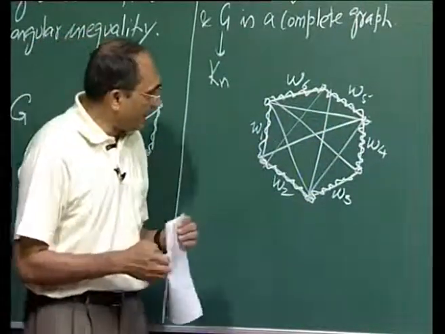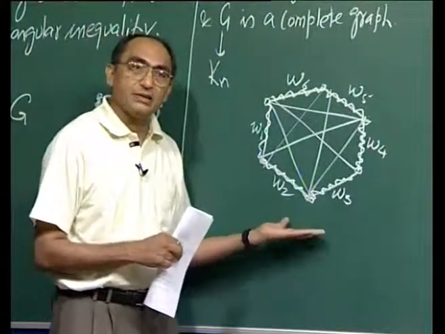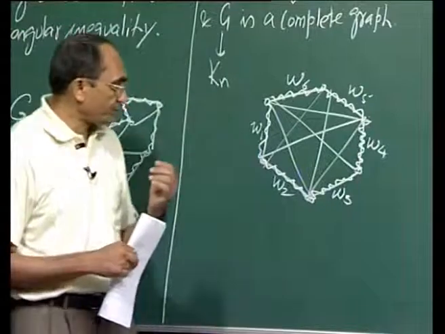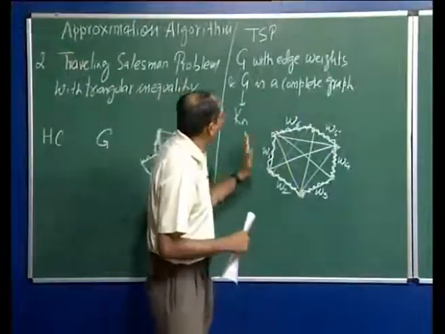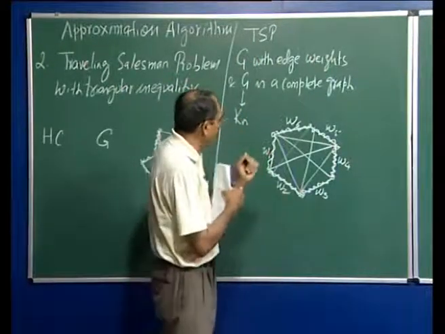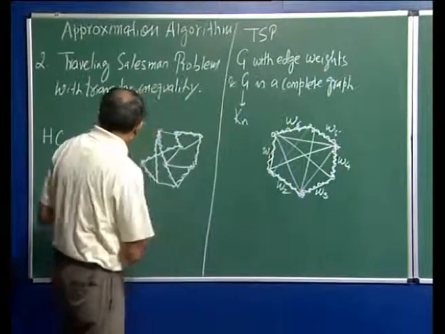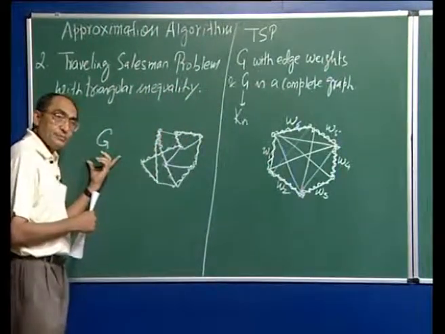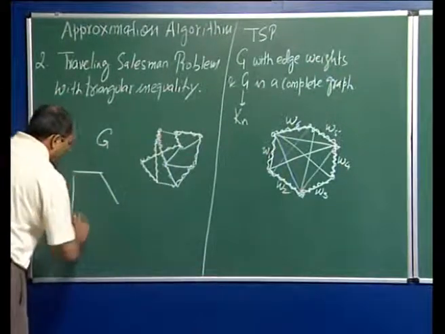Now, one can show that this has to be NP hard. The reason is we can solve the Hamiltonian cycle problem if we can optimally solve the traveling salesman problem. You give me an arbitrary graph G. I have some graph which is not complete, of course.